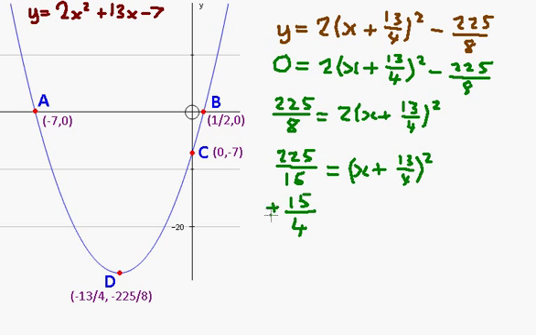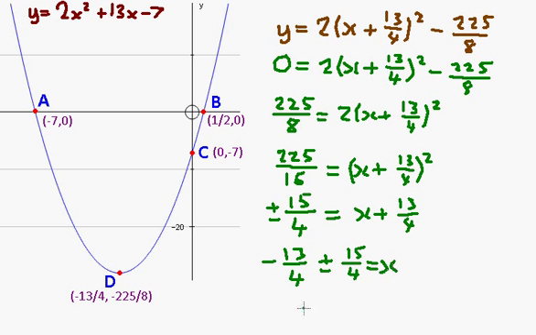And remember that that is positive or negative, and that's equal to x plus 13 over 4. So let's move the 13 over 4 to the other side. Take 13 over 4 from both sides. So minus 13 over 4 plus or minus 15 over 4 is equal to x.